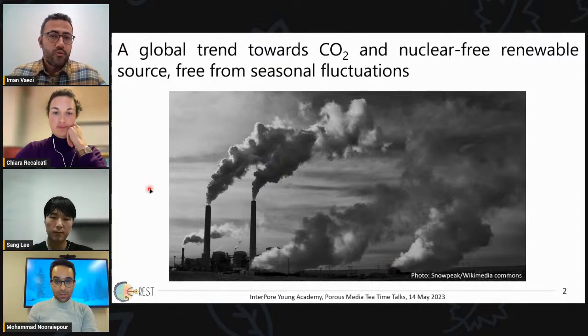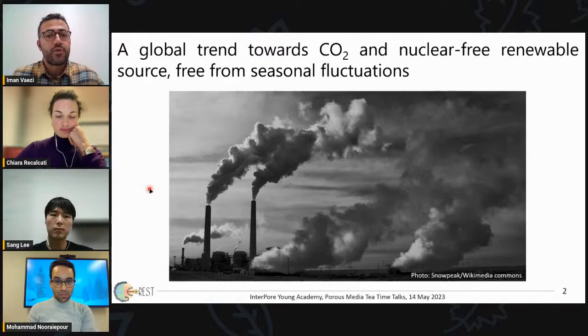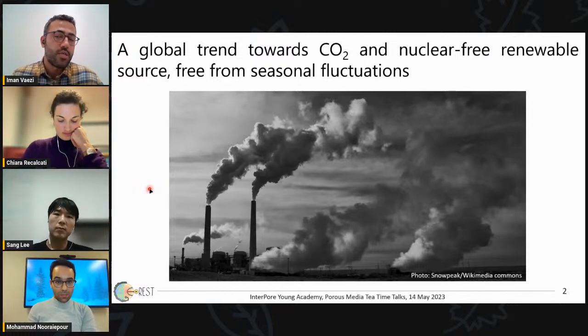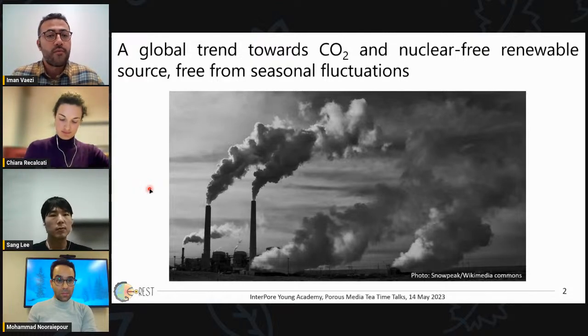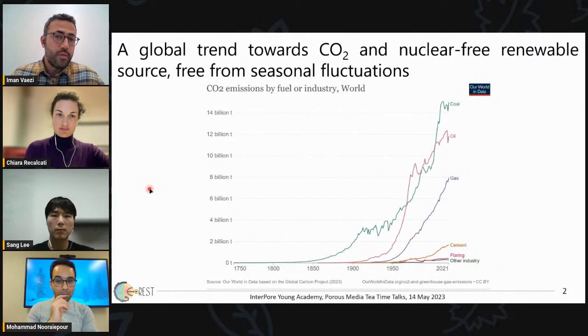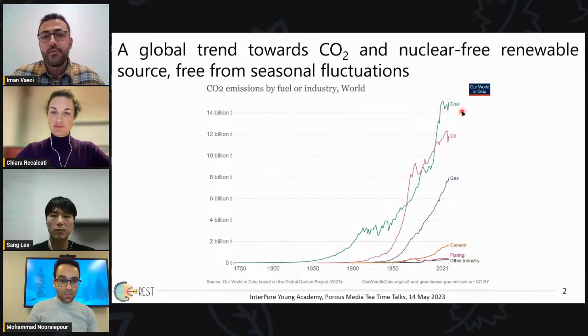A global trend toward CO2 and nuclear-free technology has prompted interest in deep geothermal energy as an alternative renewable source, free from seasonal fluctuation and with potential for continuous energy output. Regarding CO2 emissions, coal is the dirtiest of fossil fuels, emitting more volume of CO2 per joule produced than both oil and natural gas.